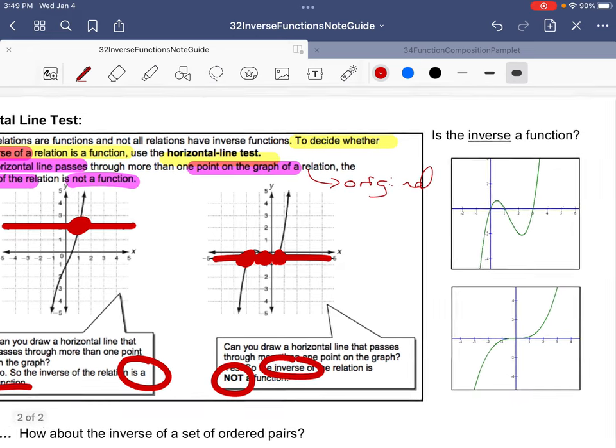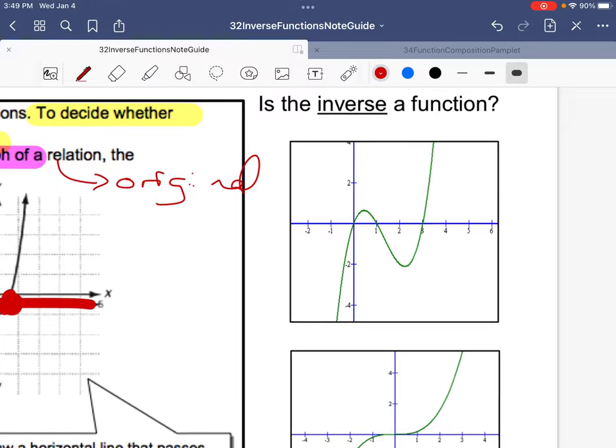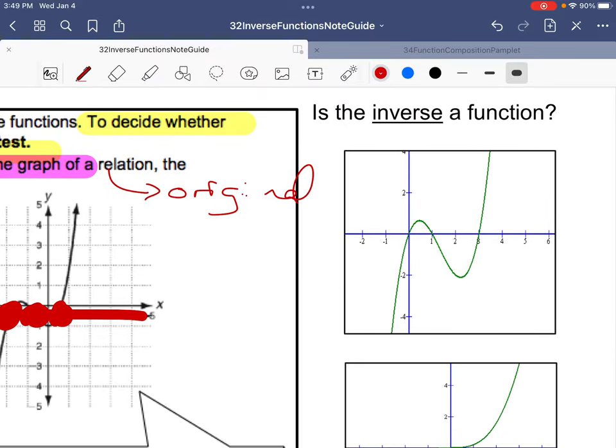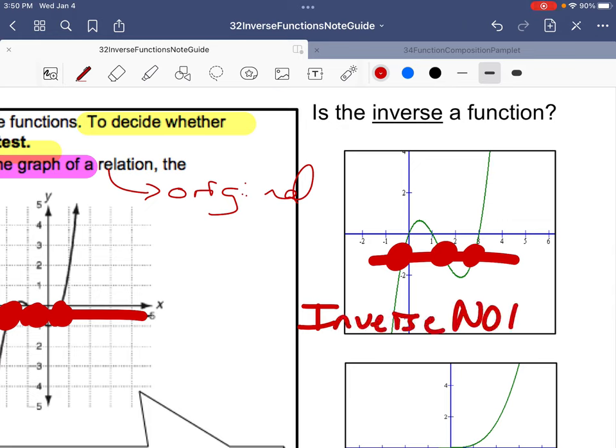So when you use the horizontal line test, you're using it on the original function, but it's going to tell you what's going to happen with the inverse function. Horizontal line, does it pass? No, it touches at more than 1 point. That means the inverse is not a function.